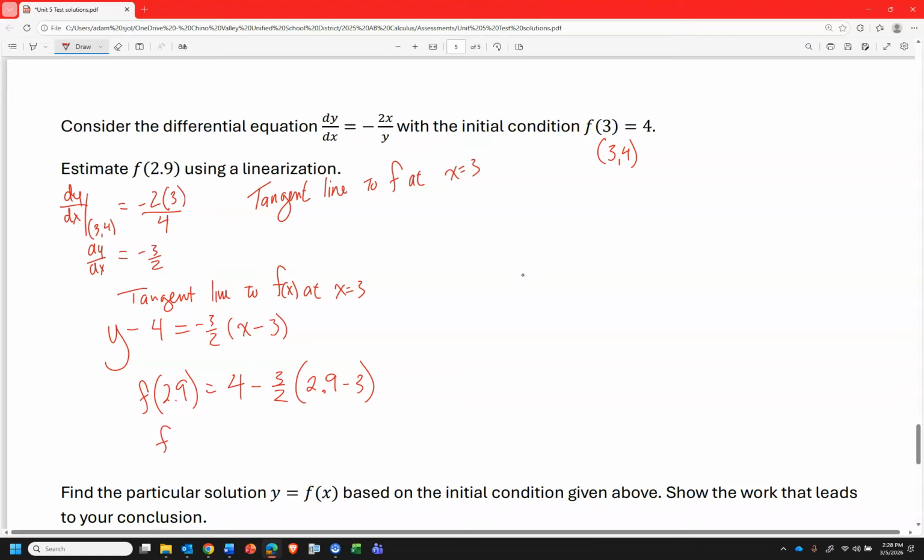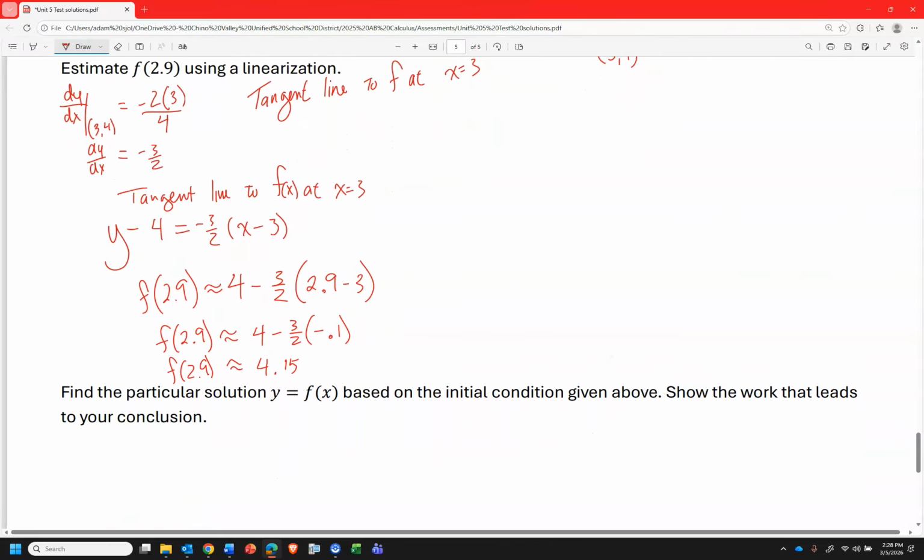If you do go ahead and simplify, slow down. You know what you're doing. That's going to be 4 minus 3 halves of negative 0.1. So if you do simplify, you end up getting 4.15. What is that? 4 and 3 over 20, or something like that.